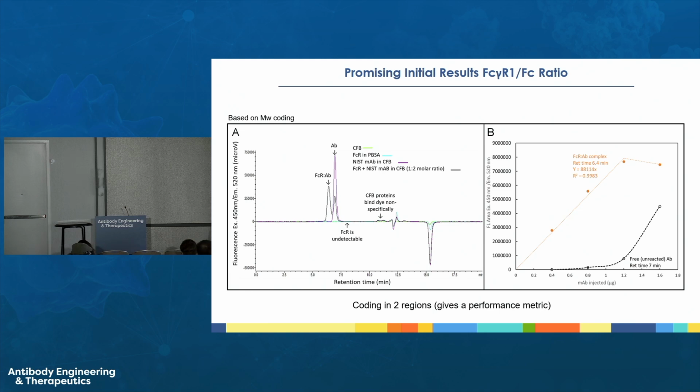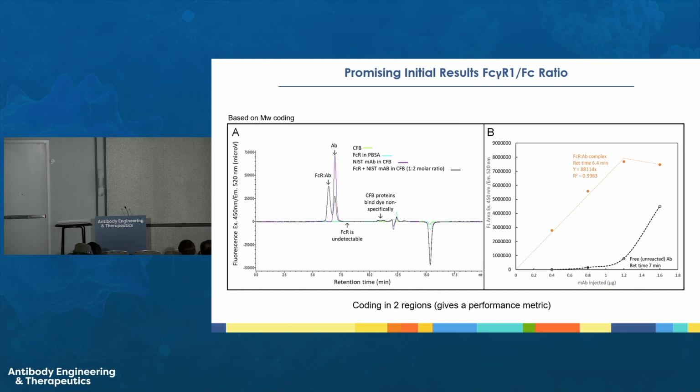We tested it. We took an Fcγ receptor extracellular domain that is 50 kilodaltons, not labeled, and incubated it. The CFB alone is the green line. The FcγR alone is invisible in the Proteometer-L because it's not fluorescent. NIST mAb by itself in CFB is the purple peak.